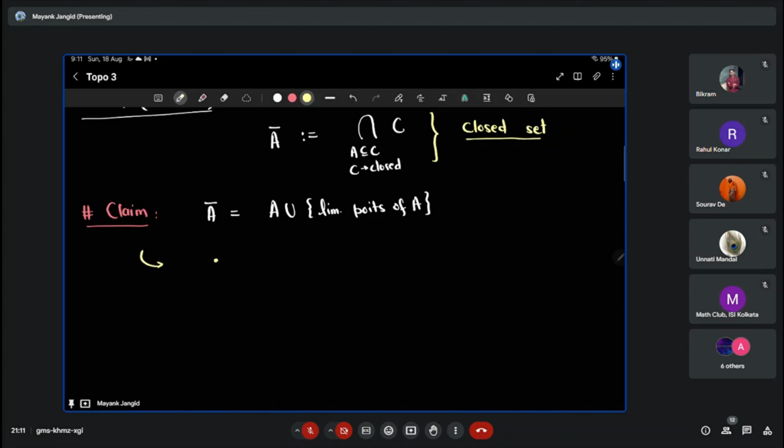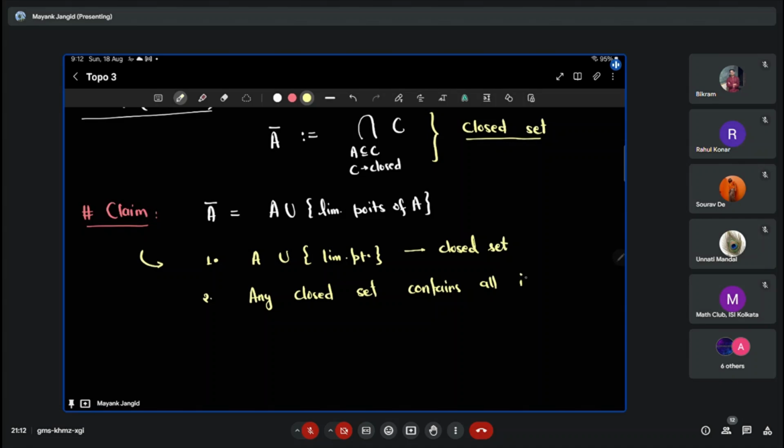As a sketch, you all should notice first that A union the set of limit points is a closed set. You should show this first, and you should also try to prove that any closed set contains all its limit points.